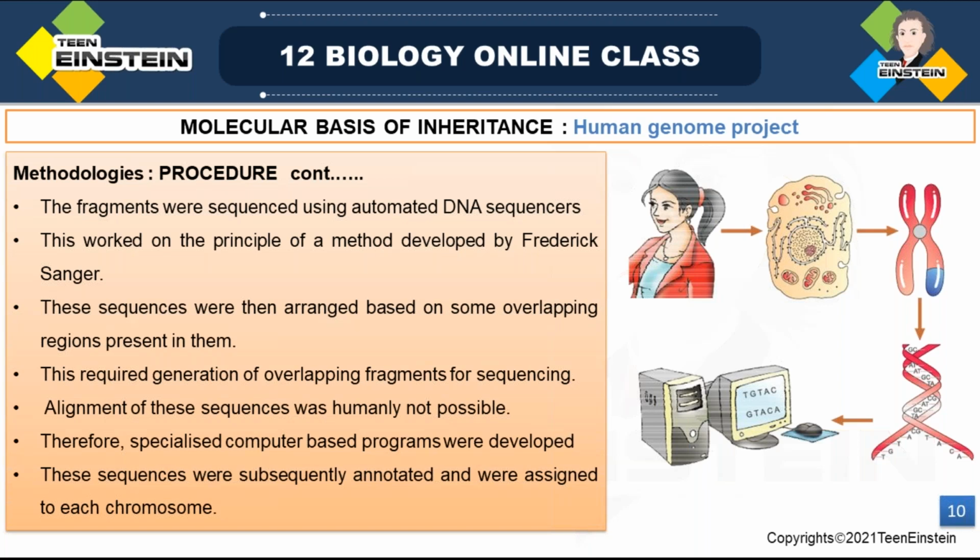There will be some overlapping regions present on the sequences, and that requires the generation of overlapping fragments. Then only the sequencing will happen, right? The overlapping fragments should be formed. Then only the sequencing will become easier.